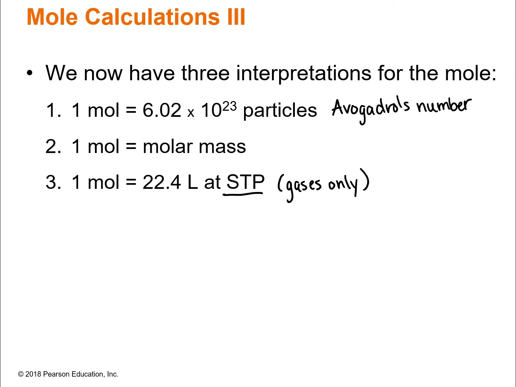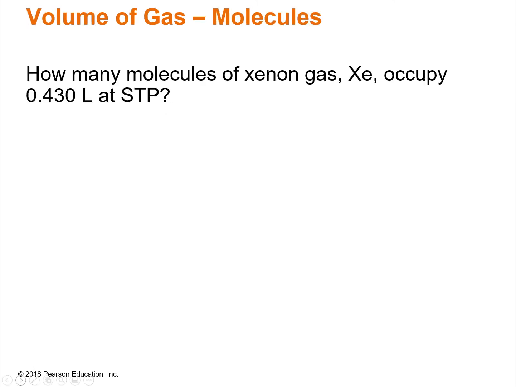Since we have 3 different ways to talk about a mole, that means that we can use all of these interpretations to do even more complex math. Hooray. So let's do some more work with gases.